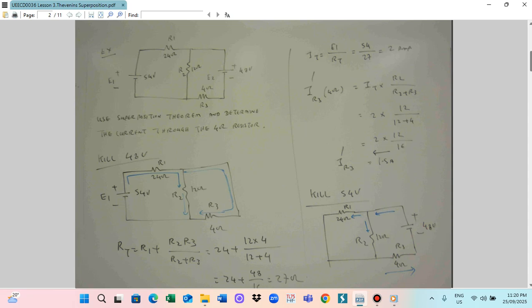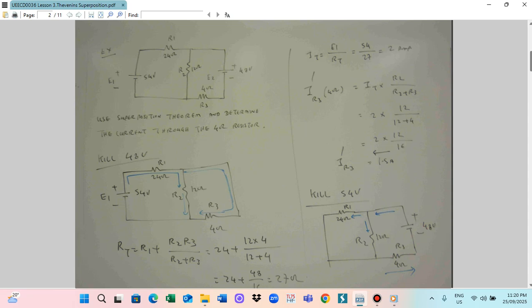R1 is 24, R2 is 12, R3 is 4, divided by R2 plus R3, which is 12 plus 4. So this is 24 plus 48 divided by 16, and you get 27 ohm. The total resistance is 27 ohm.